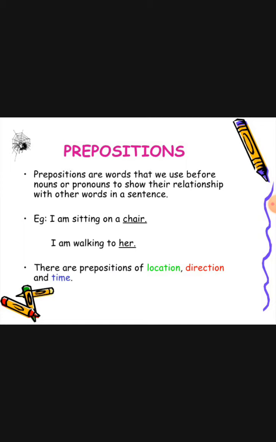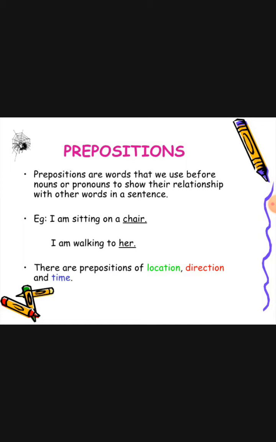It means showing how the noun or pronoun is connected to the other words or things in the sentence. For example, I'm sitting on a chair. Here we can see how exactly I is connected to chair, and we can see that with the help of on.